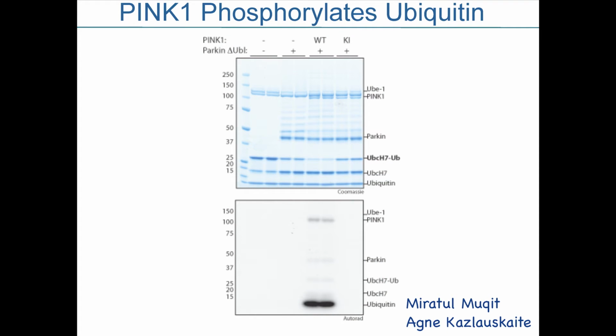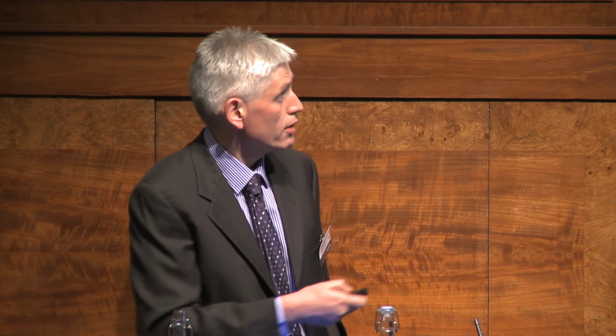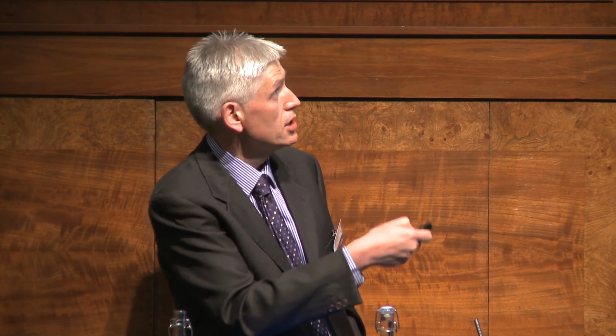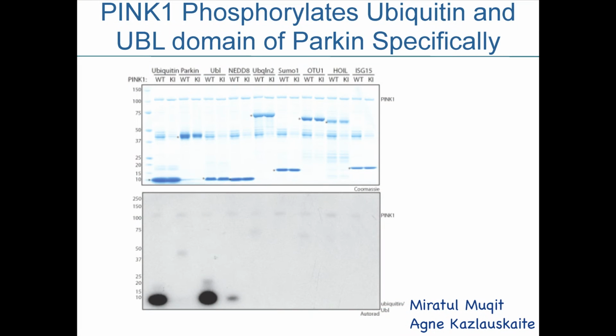You can see this is actually Parkin. This is the normal phosphorylation of Parkin we see, and this is the phosphorylation of ubiquitin. And it turns out PINK1 phosphorylates ubiquitin rather well. We've tested a lot of other ubiquitin-like domains that are shown here, and these aren't phosphorylated by PINK1.